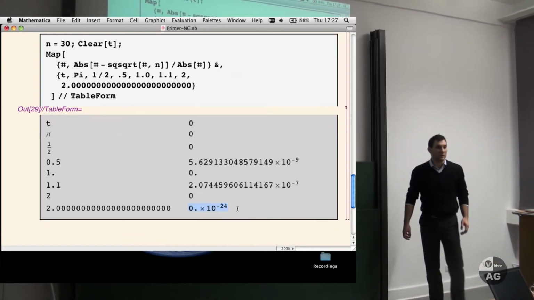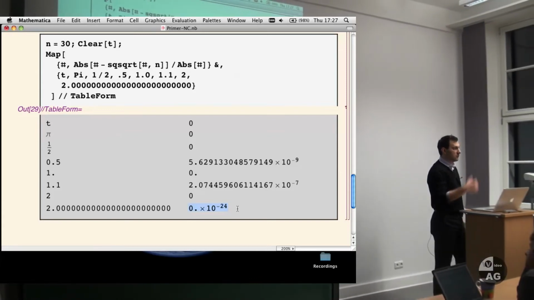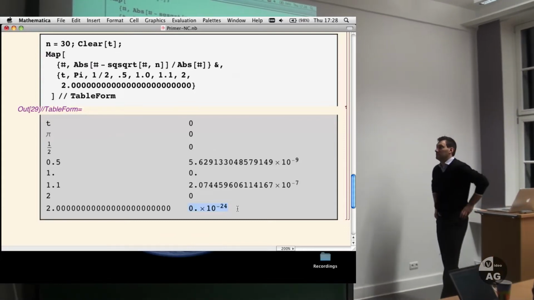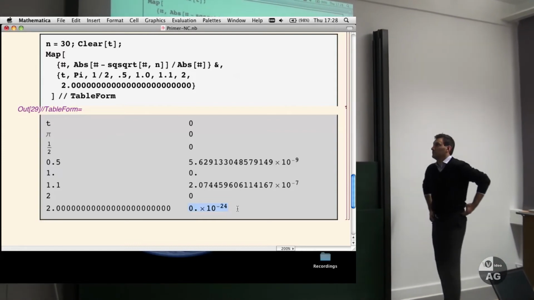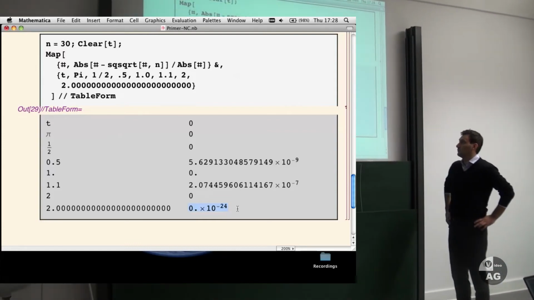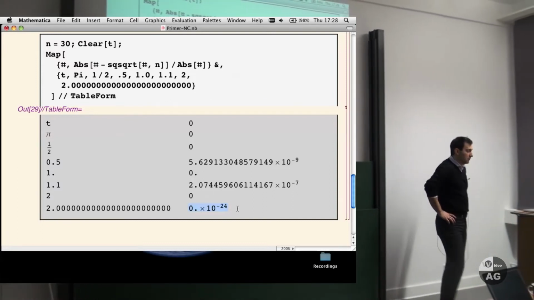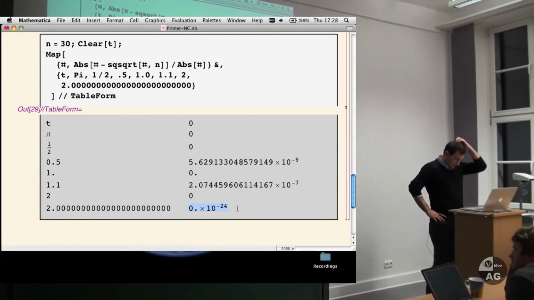So, moral of the story. Well, let me take the question and then I tell you the moral of the story. 2 to the 30 should be on the order of like 500 megabytes to represent. So, can it be that Mathematica actually would evaluate that in a 64-bit version of a machine that has enough memory, or is this some sort of... I don't know, but it's a fair question.